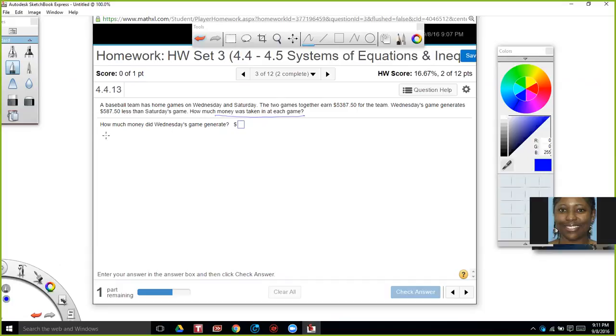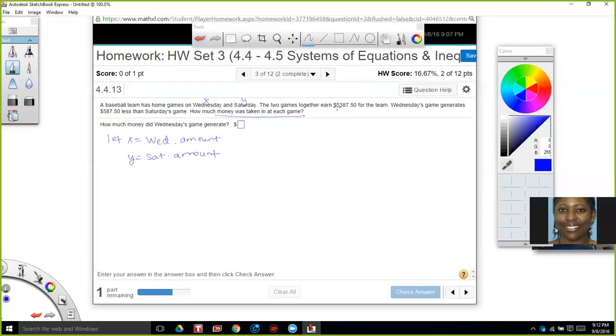So we can say let x equal Wednesday's amount and let y be Saturday's amount. Okay, so now that we have established that x represents Wednesday and y represents Saturday's, we can translate.